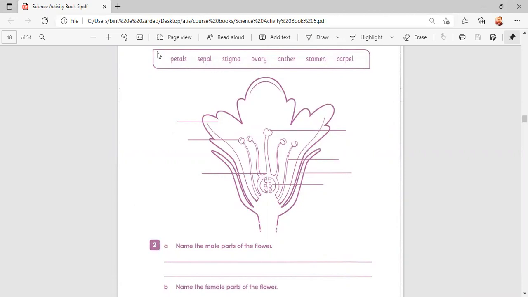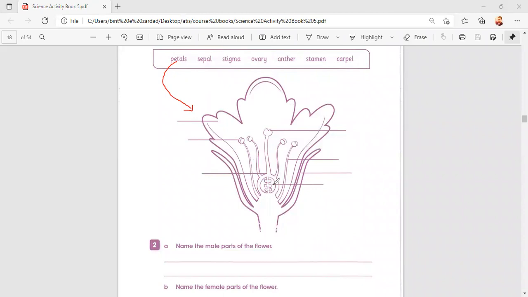These words, you can write or match. Petals, the beautiful part of the flower. You can write it here. After this one, the upper tip is called anther. Then the sepal, the down part.